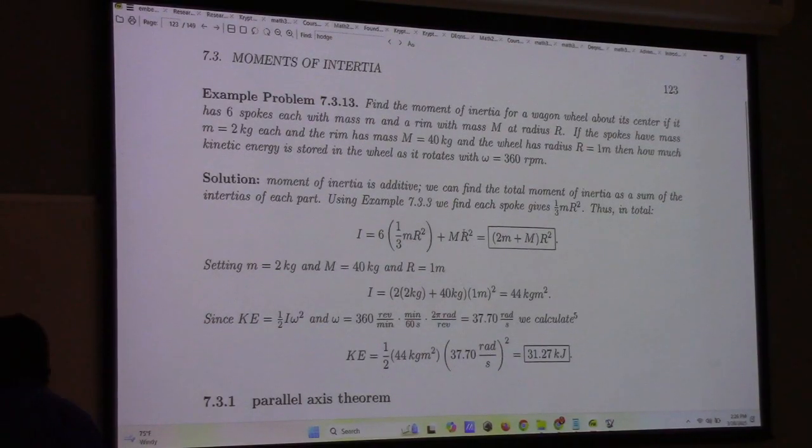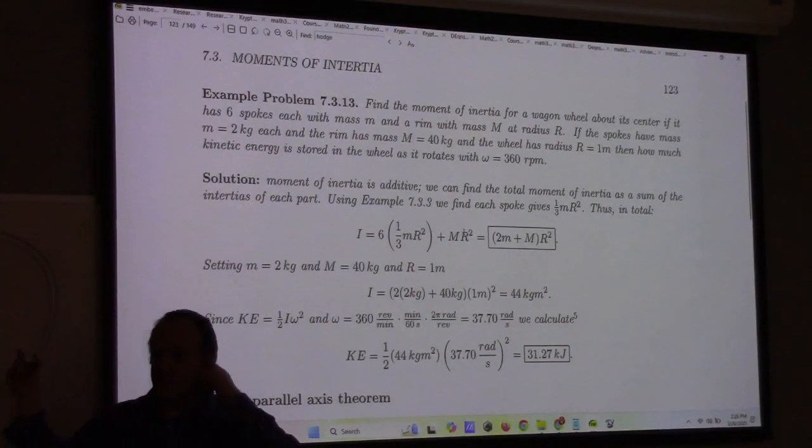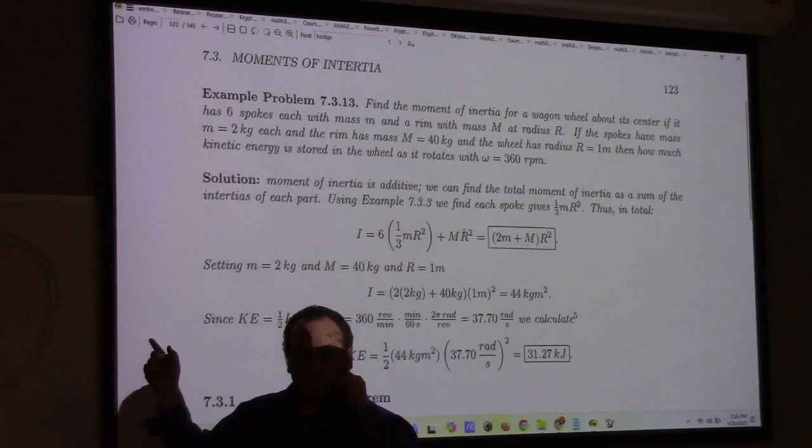So I'm saying the rim, all right, I don't really have any dimensions for the rim, right? Although if I did have dimensions for the rim, we could calculate the moment of inertia more precisely, couldn't we?